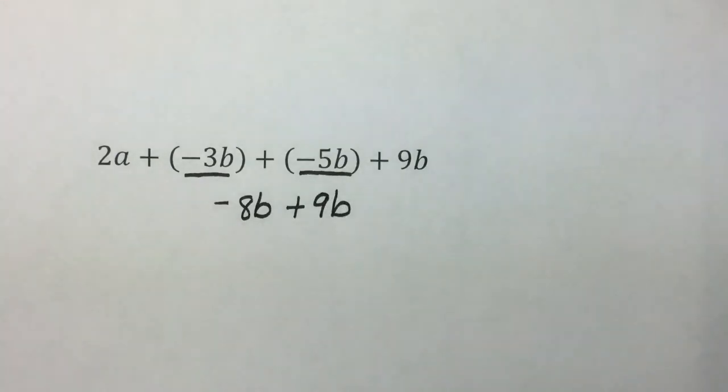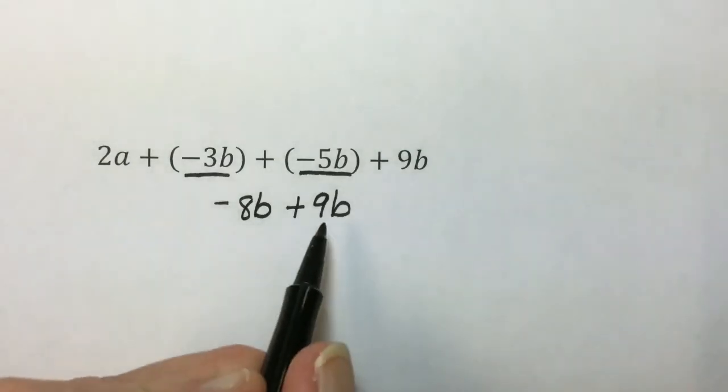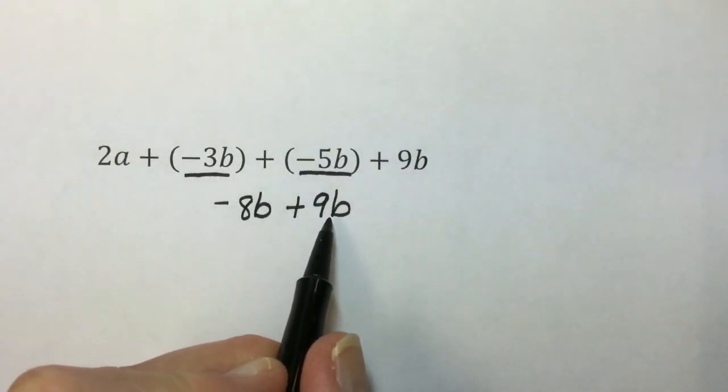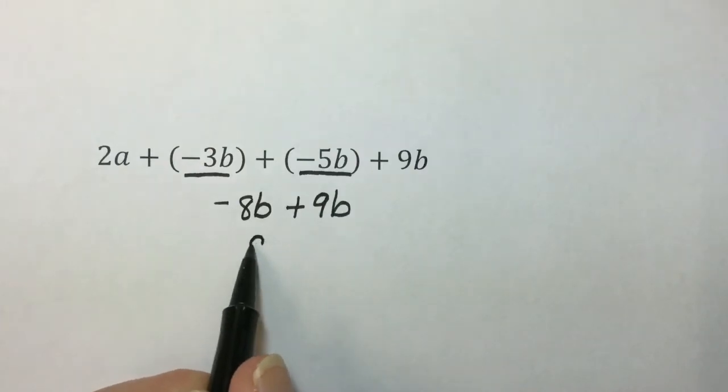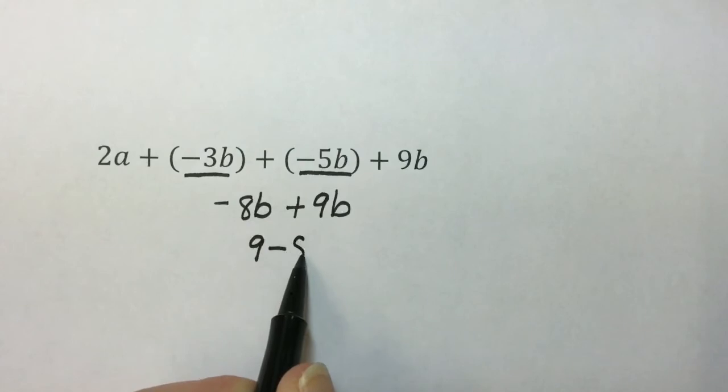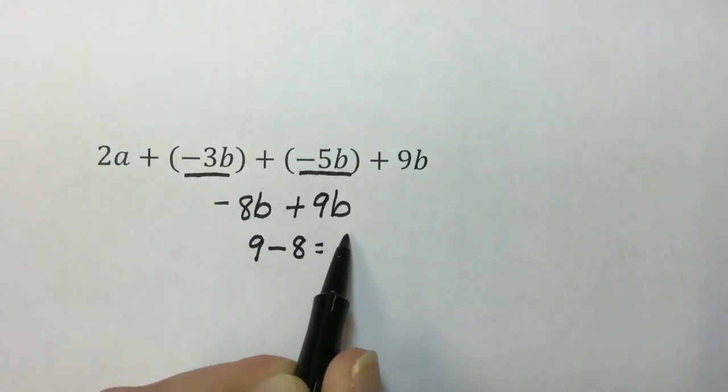We're now adding different signed numbers. We will take the difference of the absolute value of each, subtracting the smaller from the larger. So to simplify this, the absolute value of 9 is 9. Subtract the absolute value of negative 8, which is 8. That results in a 1.